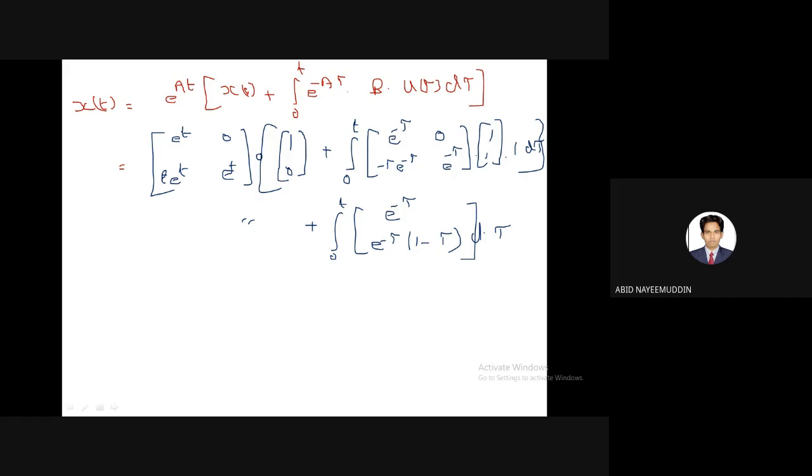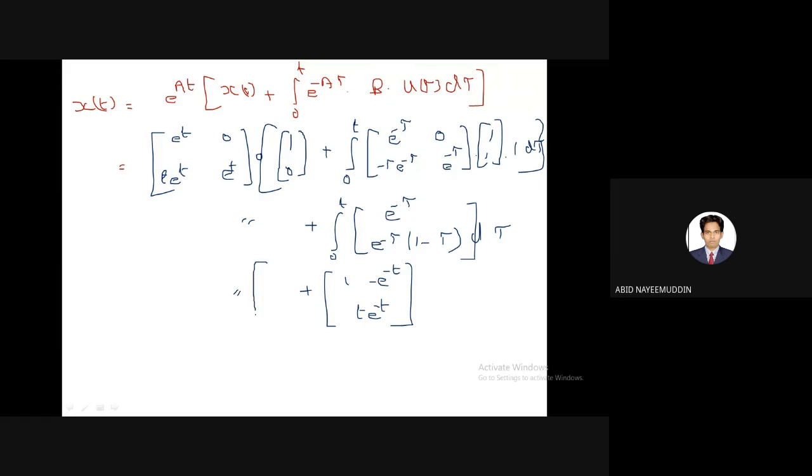After substituting the limits, you will get 1 minus e power minus t, t into e power t, into e power minus t.